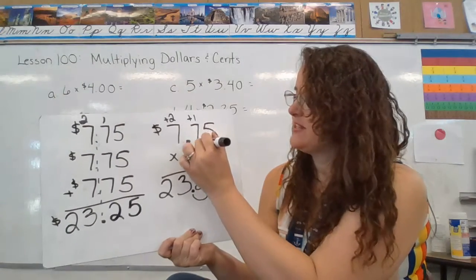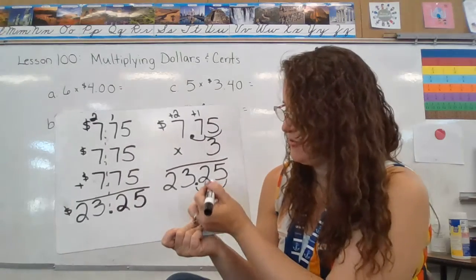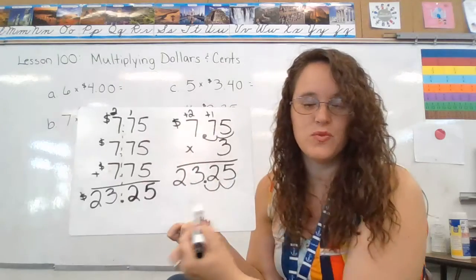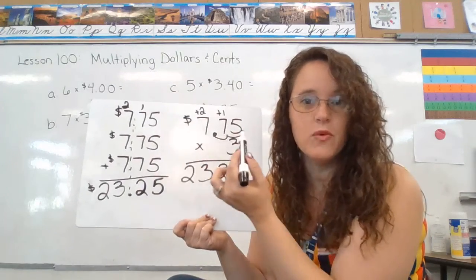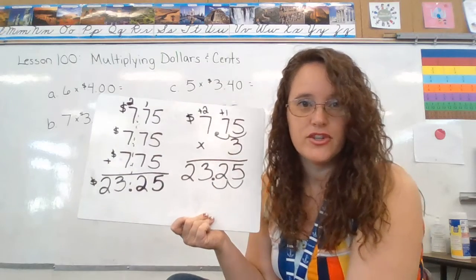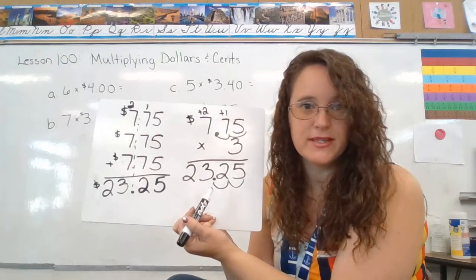So in this case, we have 1, 2 decimal places there. So we have to have 1, 2 decimal places in our answer. And that's why it looks like we're lining it up, because we're just multiplying 1 decimal number times a whole number. So for the sake of 3rd grade, you can just line up your decimal.